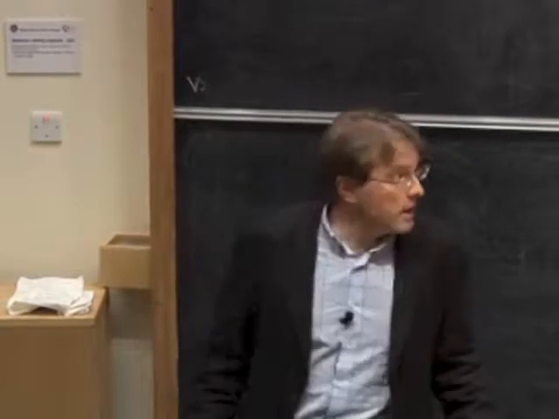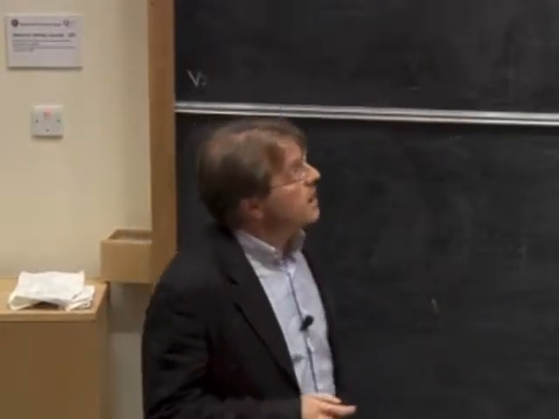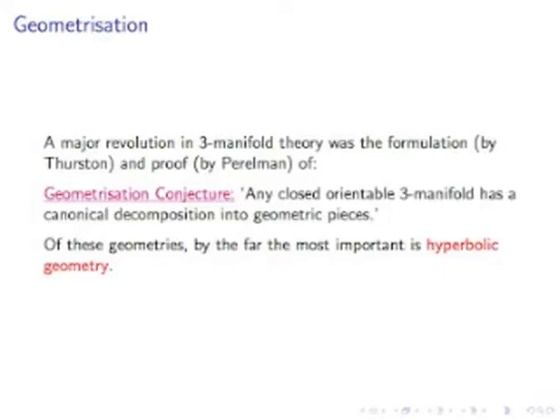As everyone knows, there was a major revolution in three-manifold theory, first of all in the late 70s and early 80s, when Thurston introduced his geometrisation conjecture and proved some of it, and when the full conjecture was proved by Perelman about 10 years ago now. The geometrisation conjecture, I'm not going to state precisely.